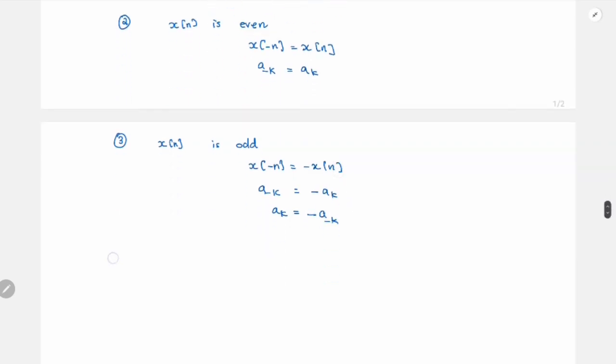Now let us combine these two properties and see what happens. If x[n] is real and even, what happens?